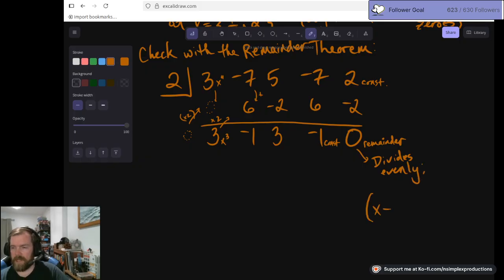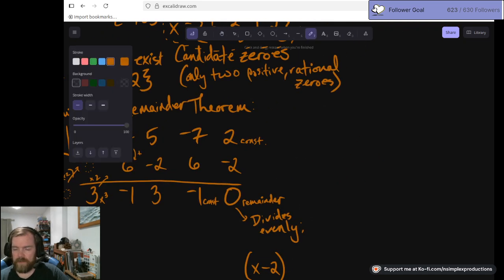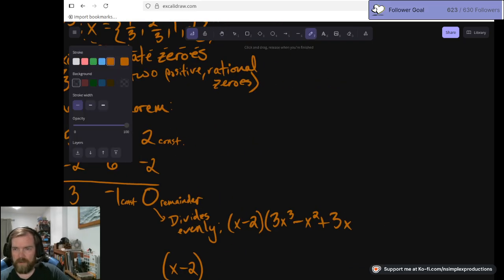So now we have an x minus 2 as a factor that's been pulled out of this entire function. Let's write this real quick. This is going to end up being x minus 2 multiplied by 3x cubed minus x squared plus 3x minus 1.